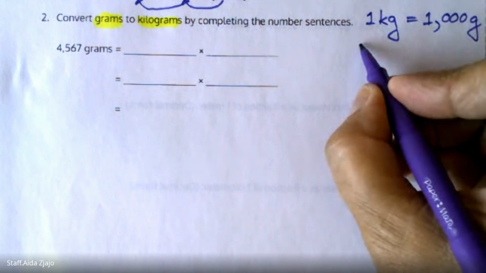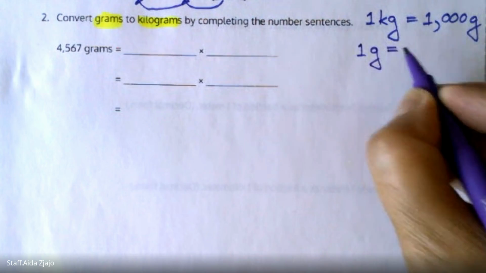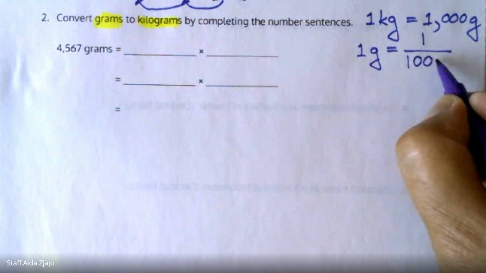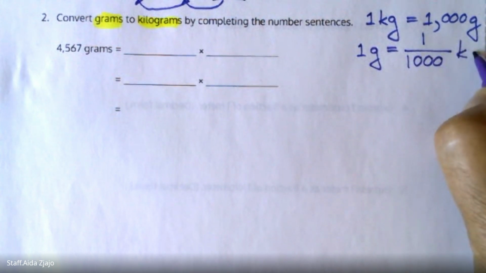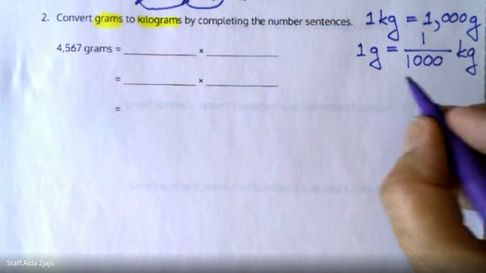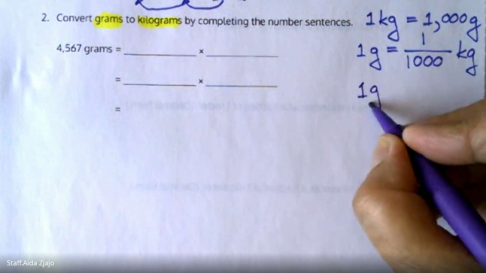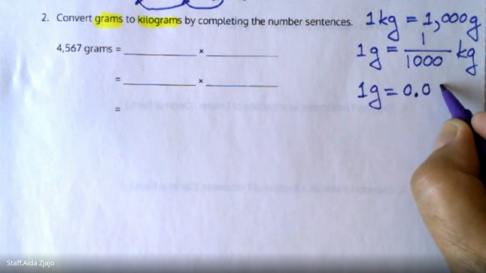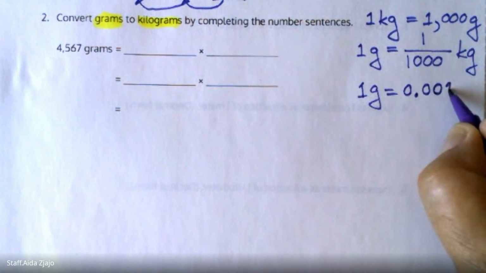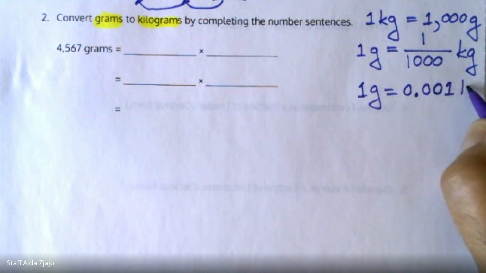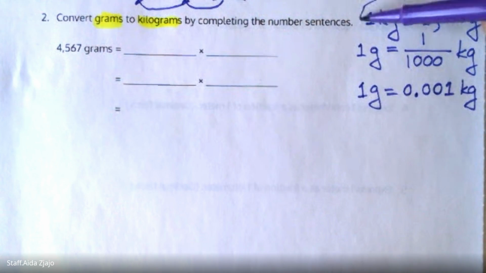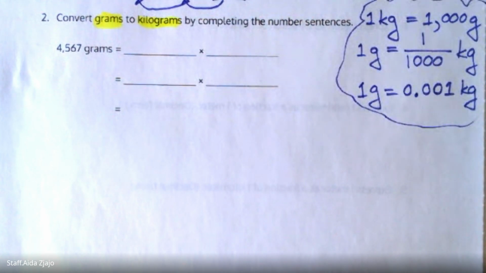But if I look at what 1 gram is, that is 1 out of 1,000 pieces that makes a kilogram. Or we can say that 1 gram is 0 whole kilograms, 0 tenths, 0 hundredths, only 1 out of 1,000 pieces that makes a kilogram. So this is what you need to consider in this situation.